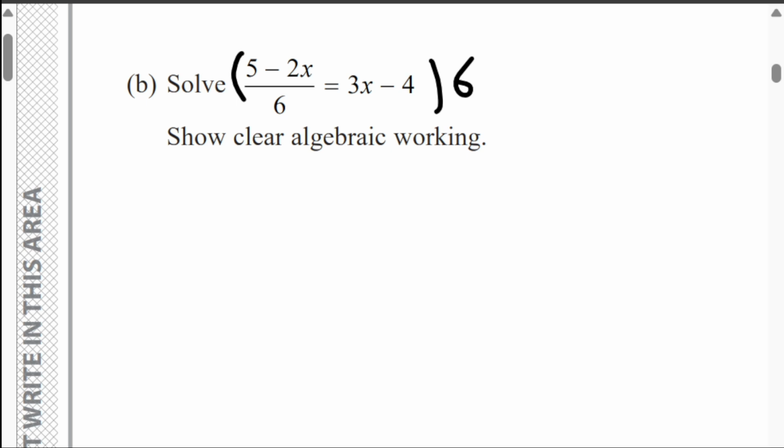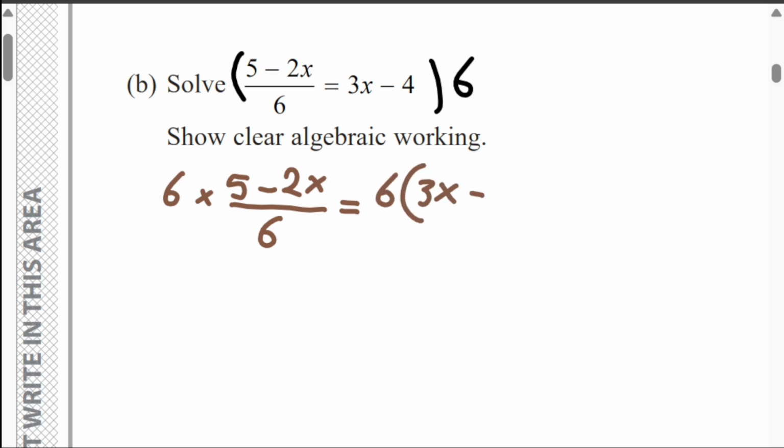Now, the left side will be 6 times (5 minus 2x) divided by 6 equals 6 times (3x minus 4). So I multiplied both sides by 6. I multiplied here and I multiplied there.